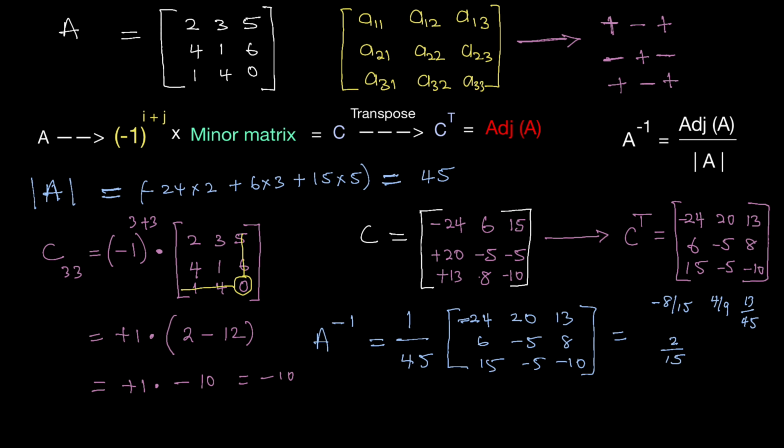Minus 5 over 45 would be minus 1 over 9. 8 over 45 stays 8 over 45. 15 over 45 would be 1 over 3. Minus 5 over 45 would be minus 1 over 9. And minus 10 over 45 would be minus 2 over 9. That is the inverse matrix, A inverse.